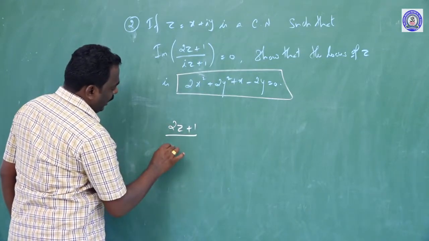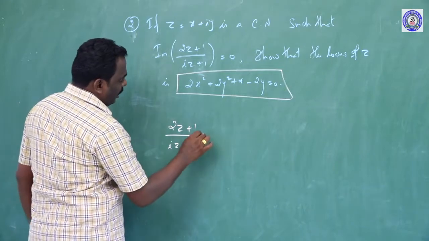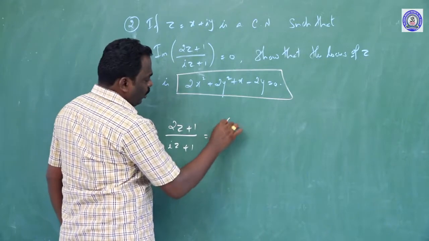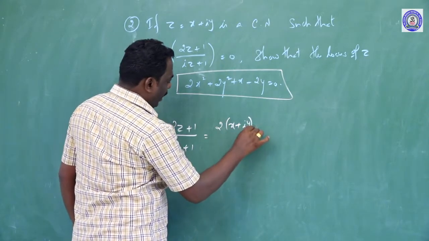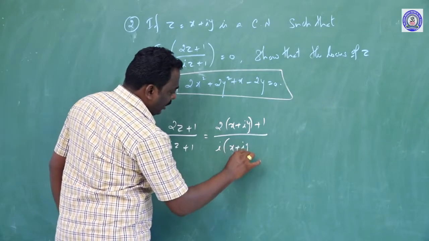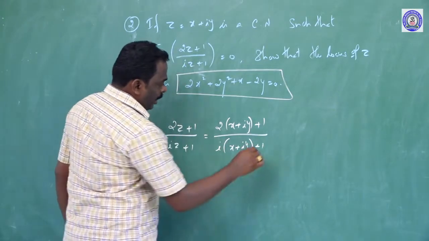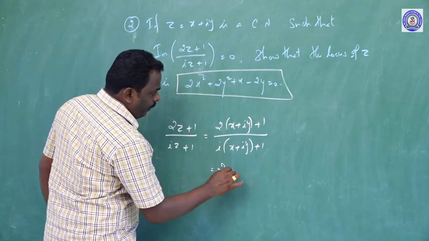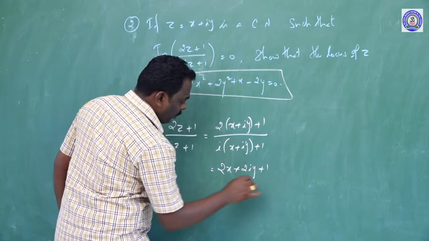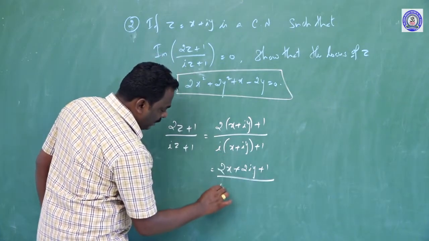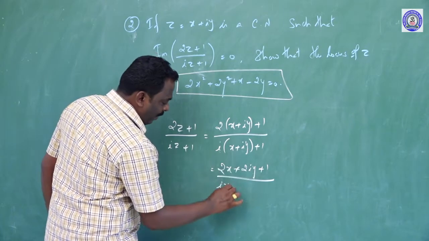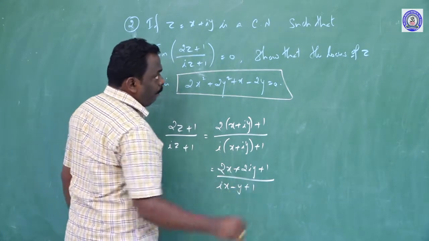First we consider the given expression within the bracket, that is (2z plus 1) by (iz plus 1), equal to, therefore z equal to x plus iy. Therefore 2 into (x plus iy) plus 1 by i into (x plus iy) plus 1, that is equal to 2x plus 2iy plus 1 by i into x, i into i, i square equal to minus 1, into y, minus y plus 1.